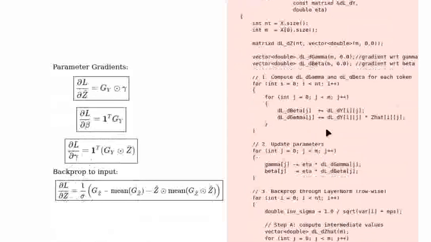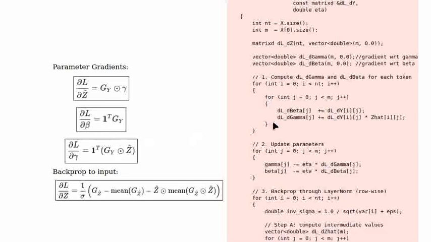And dL/dgamma, dimension d model, fill with value 0. The same for dL/dbeta. And so we compute dL/dgamma and dL/dbeta using these formulas.